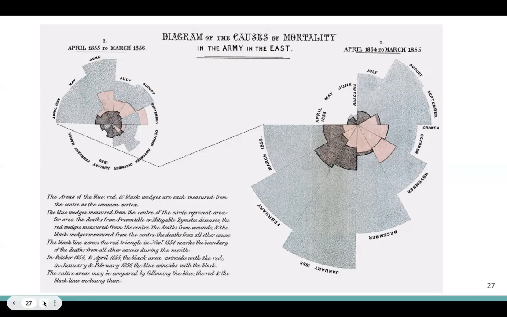The size of these slices shows how many deaths happened. You can see down at 7 o'clock or so, that's when the most deaths occurred, in January of 1855. But the colors of the slices are actually the most interesting, and they represent the cause of the deaths.